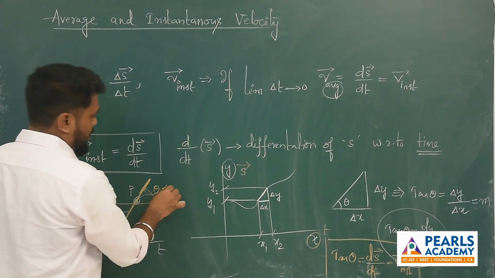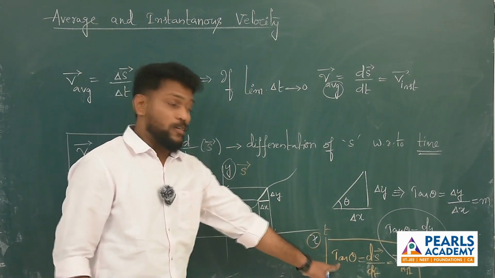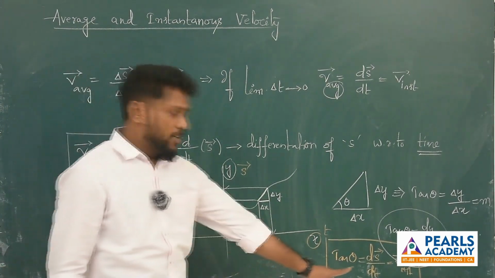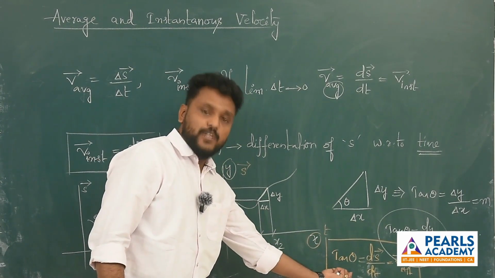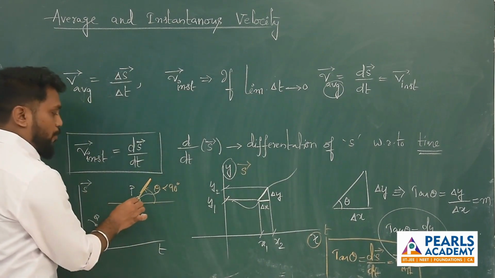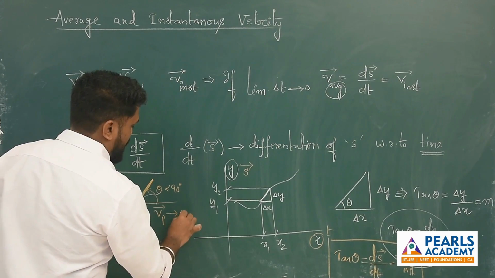This theta is less than 90 degrees. So the slope at this point is tan theta because it is an s versus t graph. For theta less than 90 degrees, tan theta is always positive. That means at this particular point, the velocity of the particle is positive.